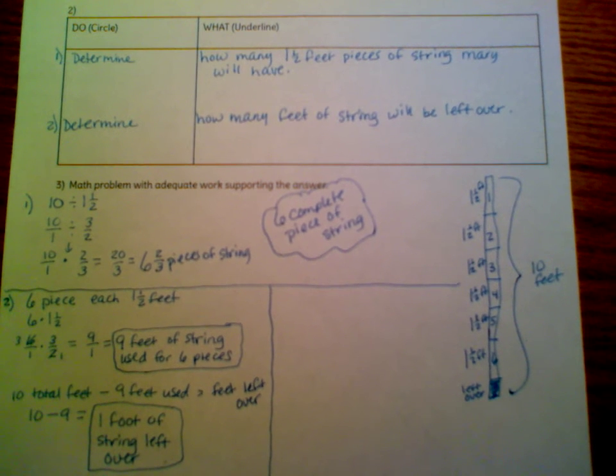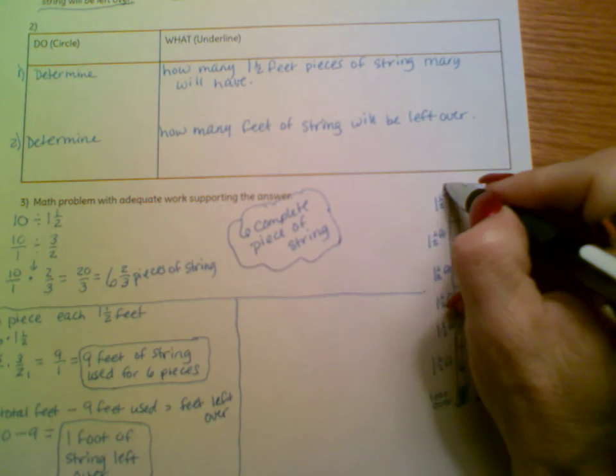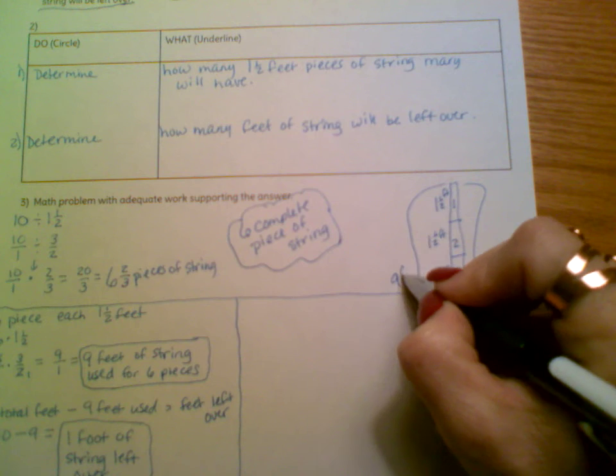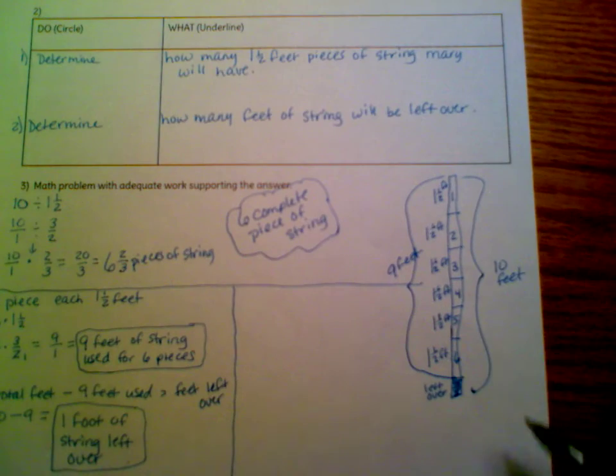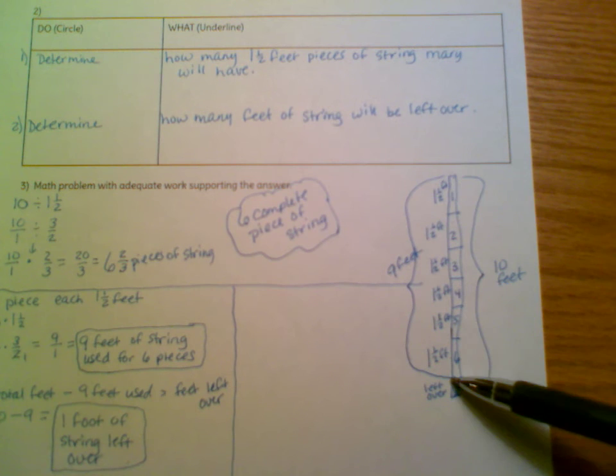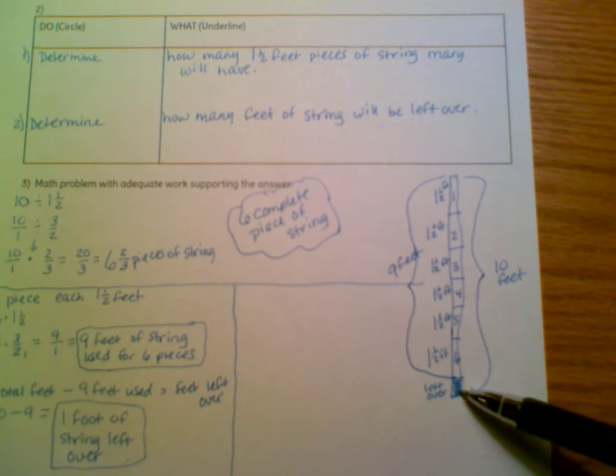Now I can get that another way. What we found out then was all of this to here was 9 feet. If you look at that, the whole thing's 10 feet. We used 9 feet. What's left? 1 foot.